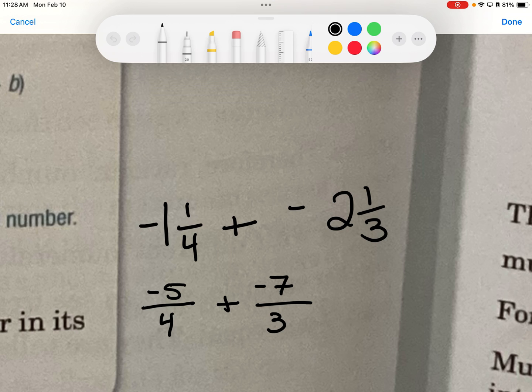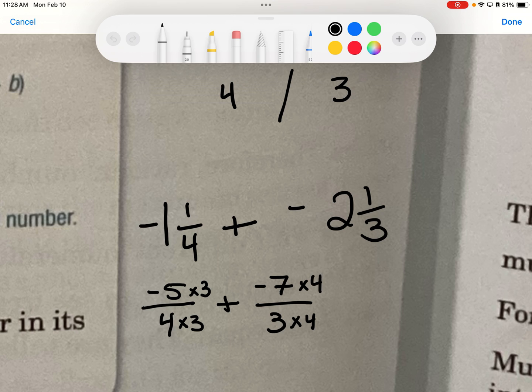So we think of what is the least common multiple between 4 and 3. And we know that's going to be 12. So we're going to multiply this by 3 on the top and bottom, and we're going to multiply this by 4 on the top and bottom.